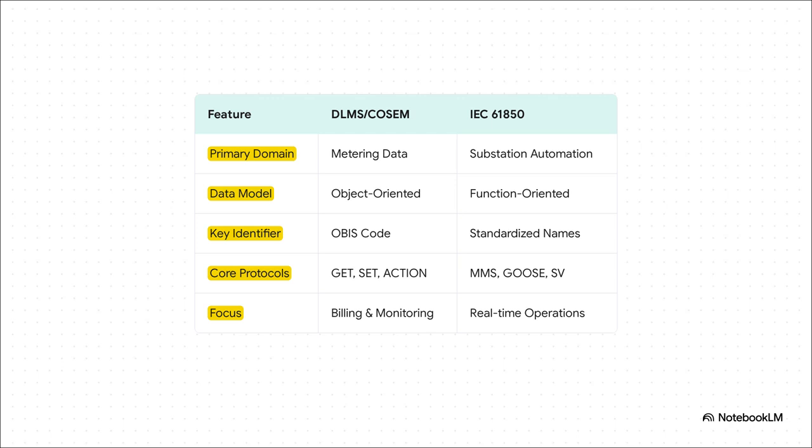And this chart just lays it all out, doesn't it? DLMS/COSEM is all about objects, using those super specific OBIS codes to pull billing and monitoring data from the edge of the grid. But IEC 61850 is all about function, built for extreme speed and reliability to operate the very core of the grid. You could say one is about looking back at what was used, the other is about controlling what happens right now.